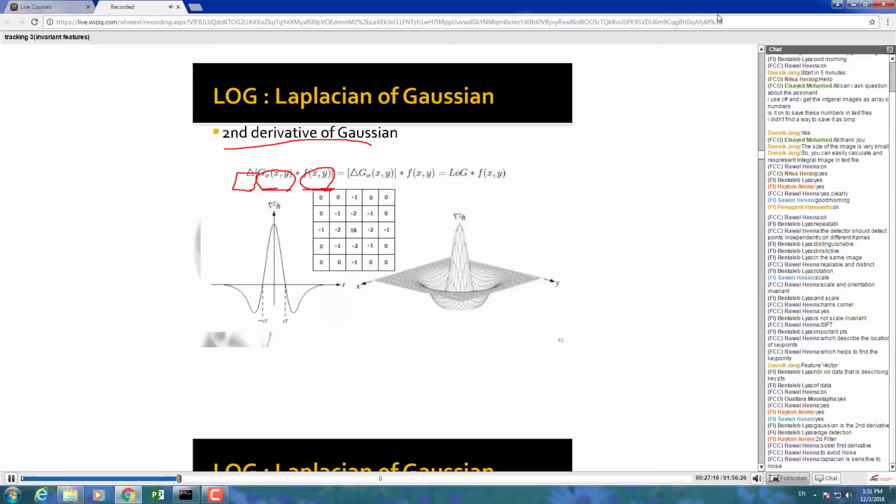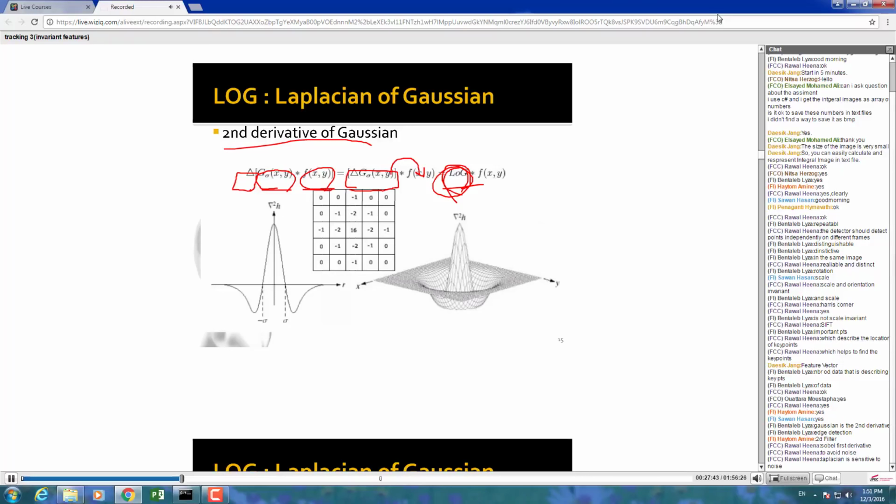So instead of applying Gaussian to the image first, we can combine the Gaussian and Laplacian first, and then apply the resulting mask or kernel as a filter to the original image. This combination of Laplacian and Gaussian is called LOG, Laplacian of Gaussian.